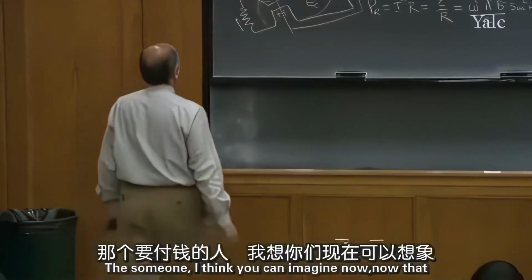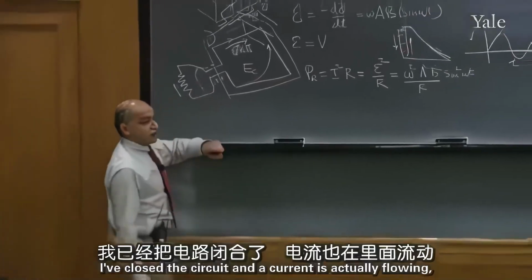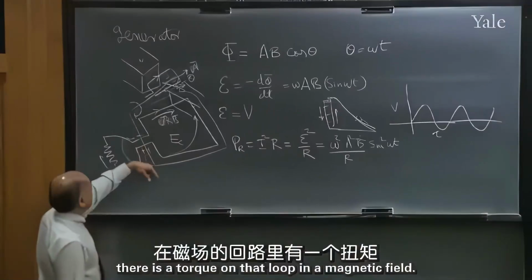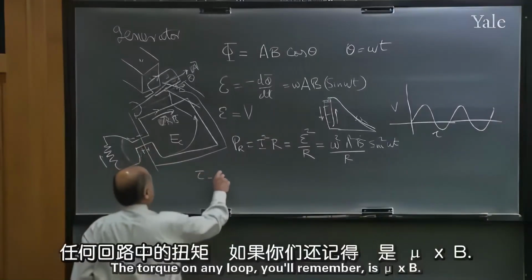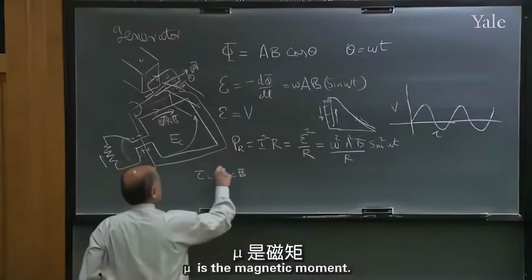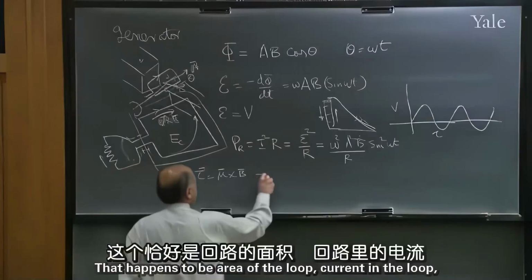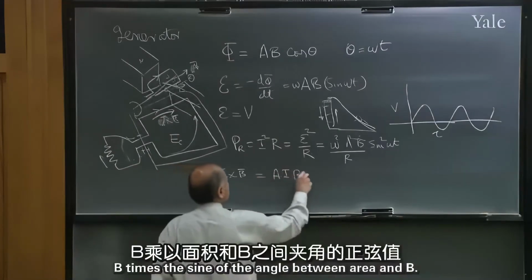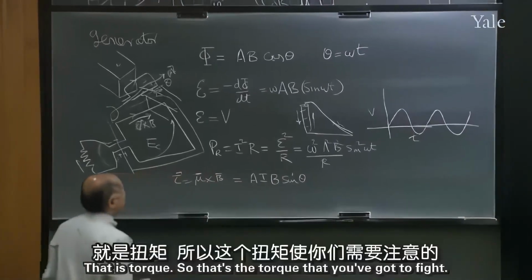The someone, I think you can imagine now that I close the circuit and a current is actually flowing, there is a torque on that loop in a magnetic field. The torque on any loop, you remember, is mu cross B. Mu is the magnetic moment. That happens to be area of the loop, current in the loop, B times the sine of the angle between area and B. That is torque.